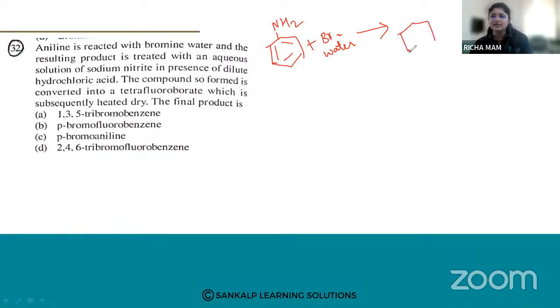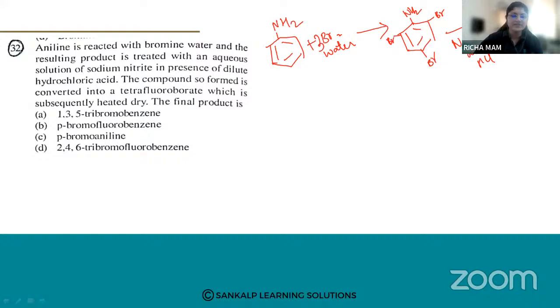We get tribromoaniline, with NH2, Br, and Br. We require 3 moles of Br2 here. This I'm going to treat with NaNO2 and dilute HCl.